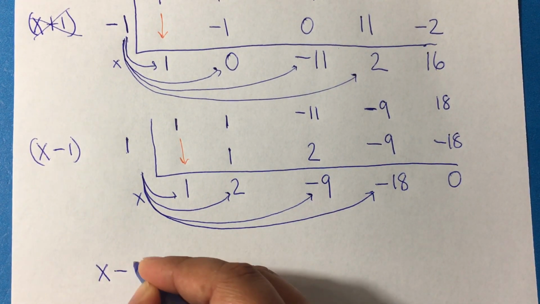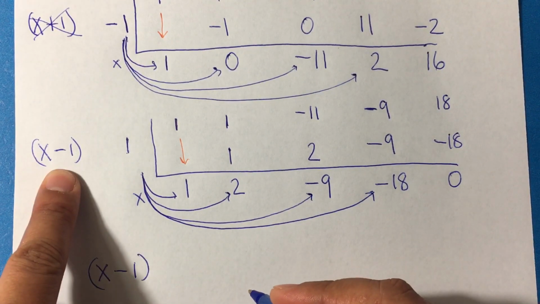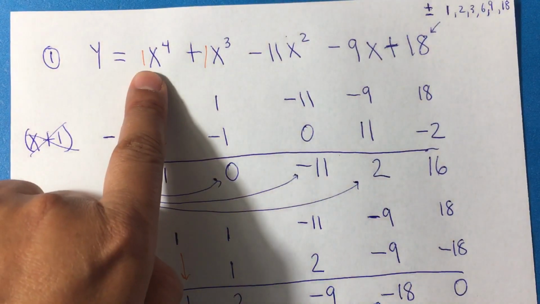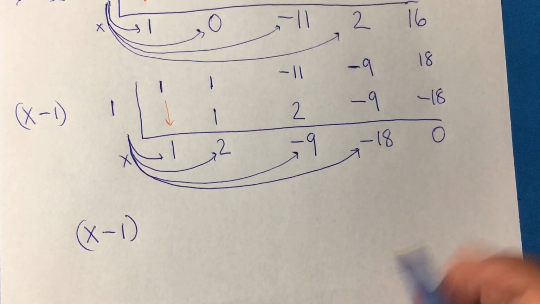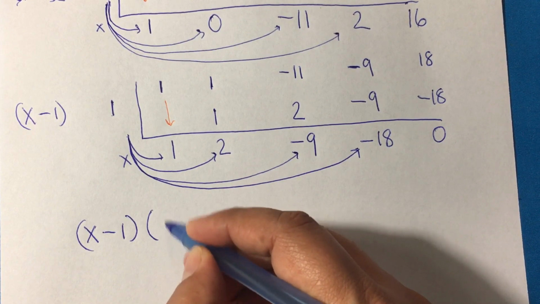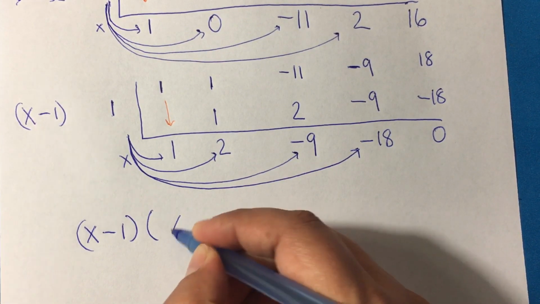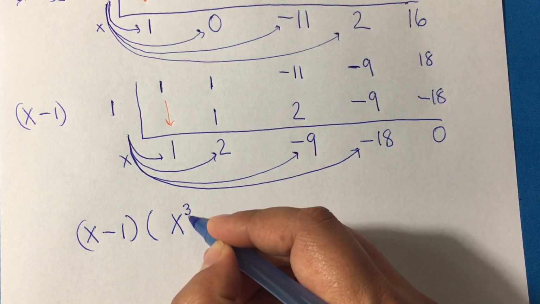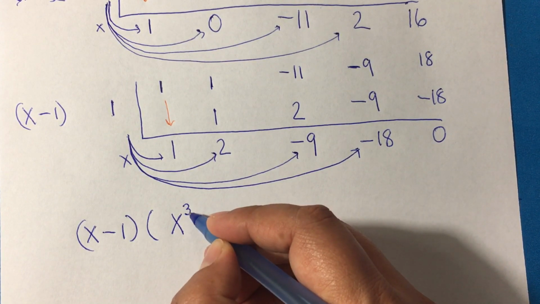I'm going to write the factor that we found, and I'm going to write this. So if this was x to the 4th, this will be the coefficient 1, but we don't put the coefficient 1, of x to the third, the next exponent in descending order.